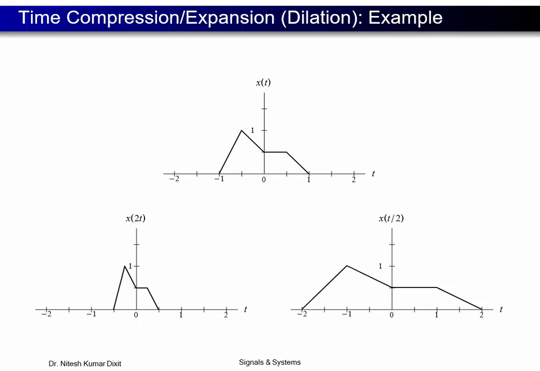So we are taking one example. Here we have x(t), this type of signal, and we apply time compression and expansion. We have x of 2t. Here t is multiplied by the factor of 2. So the output signal y(t) is compressed by 2. So we have to divide all the time values by 2.